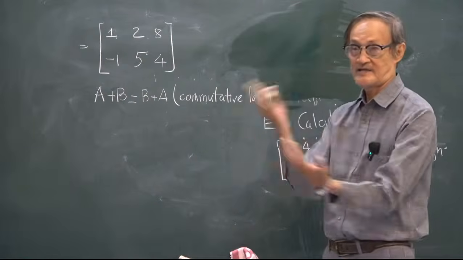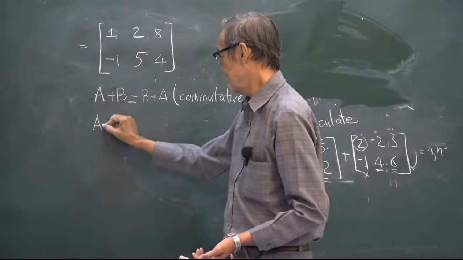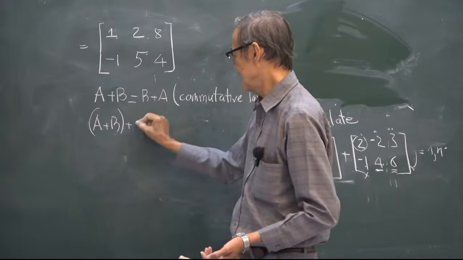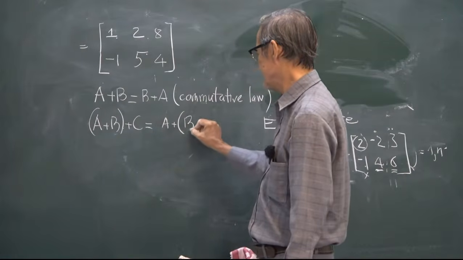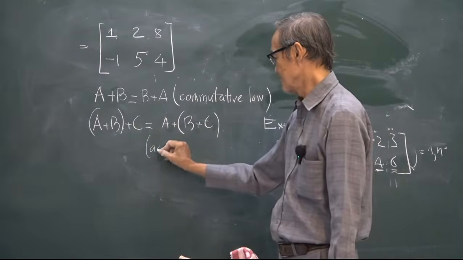And A plus B, and plus C equals A plus B plus C. This is the associative law.